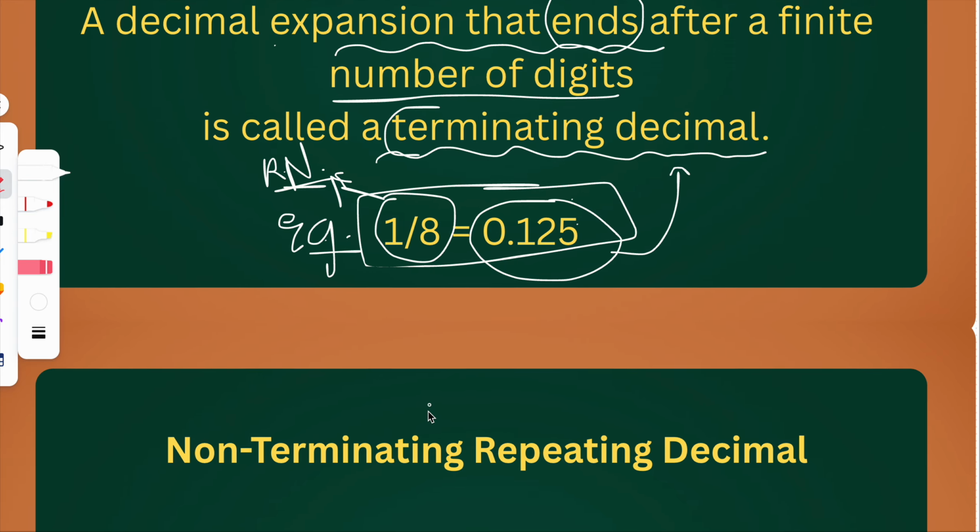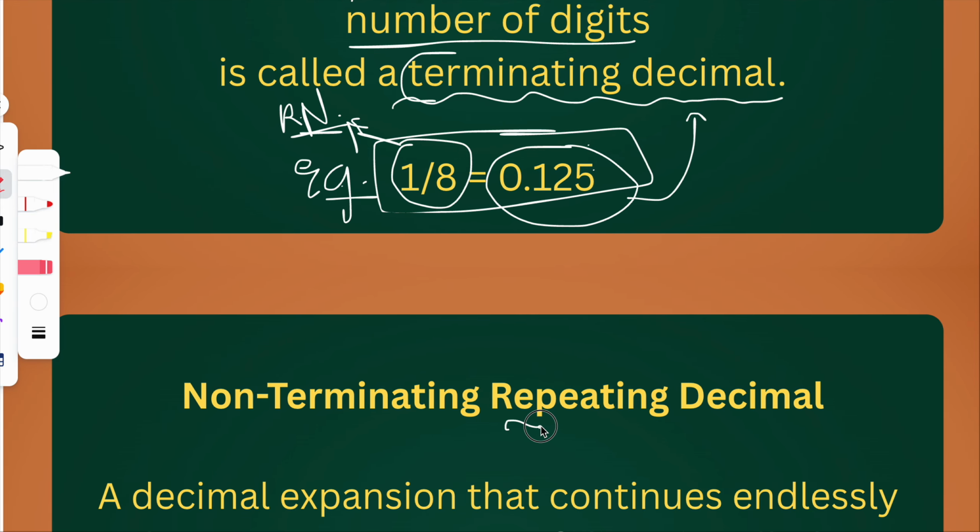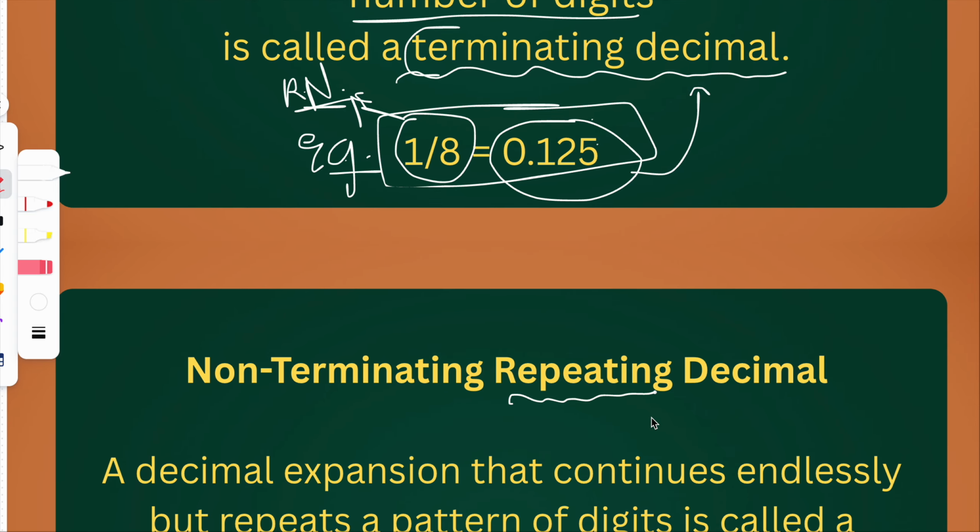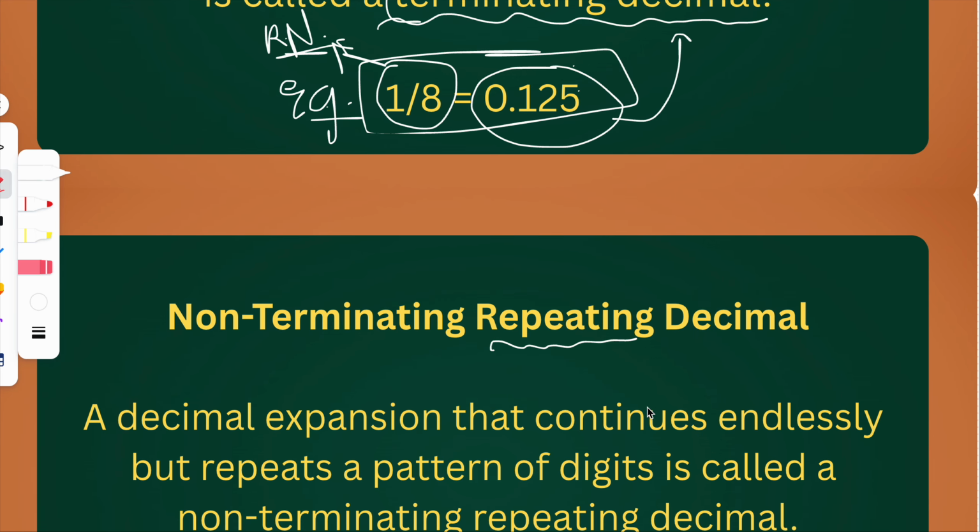Non-terminating repeating decimal. I hope you guys remember these types of decimal expansions are rational numbers. जो भी नॉन टर्मिनेटिंग रिपीटिंग डेसिमल होते हैं वो रैशनल नंबर्स होते हैं.